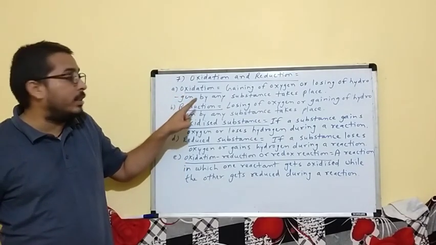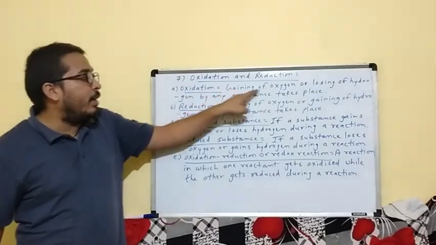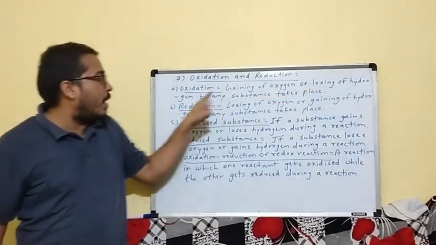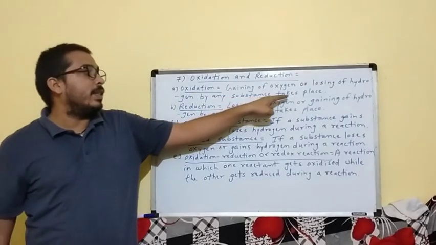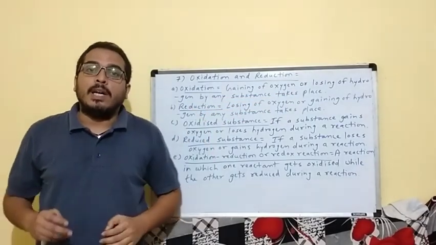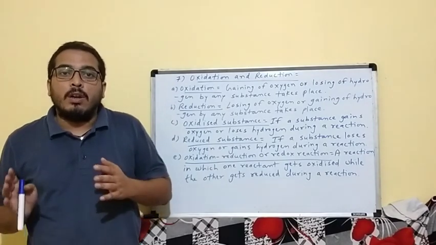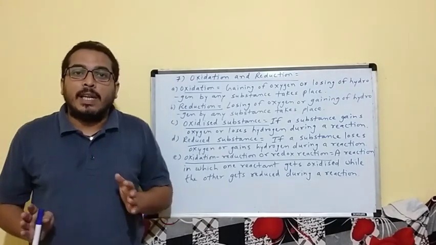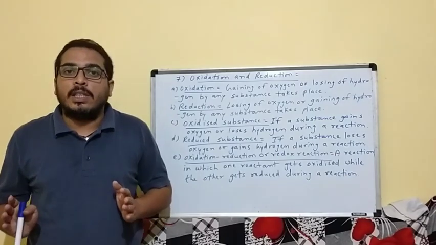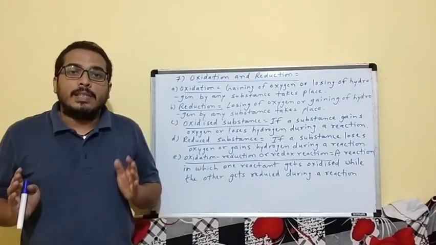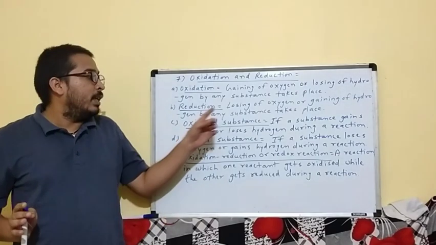So the first term is oxidation. Gaining of oxygen or losing of hydrogen by any substance takes place. We can say that a reaction in which gaining of oxygen or losing of hydrogen takes place is called oxidation reaction.